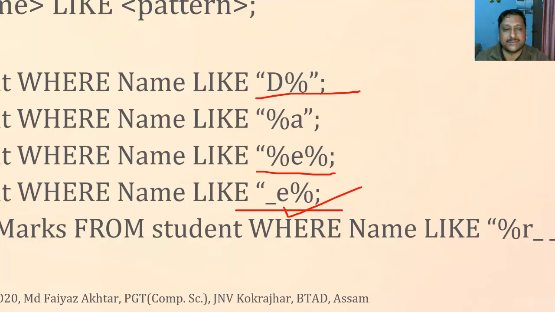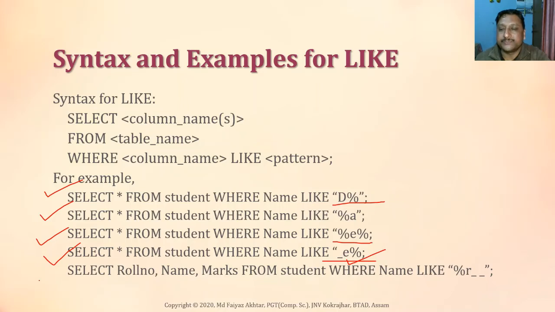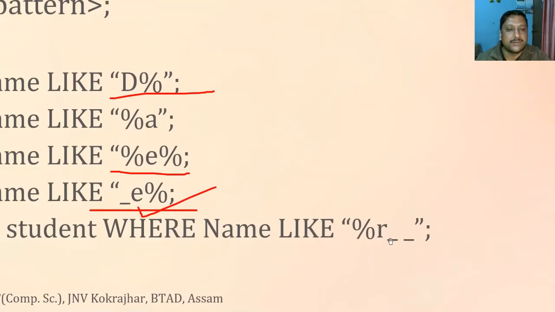The last one: SELECT roll number, name, marks FROM student WHERE name LIKE '%R__'. Here the last two letters may be any letters, but the third last letter must be R, like Roy or Raw. These names can be displayed.